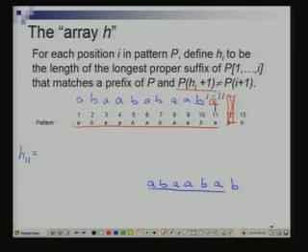So I have to find out the longest possible match, and then there is this additional condition that the I plus 1th character, so I is the length, so I am finding out hi is the length of the longest such suffix which matches the prefix of P, and then I want that I plus 1th character of this should not be the same as the hi plus 1th character of the pattern, because this quantity is hi.